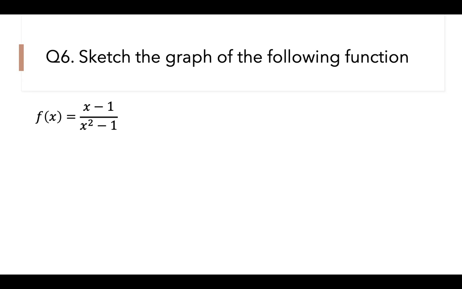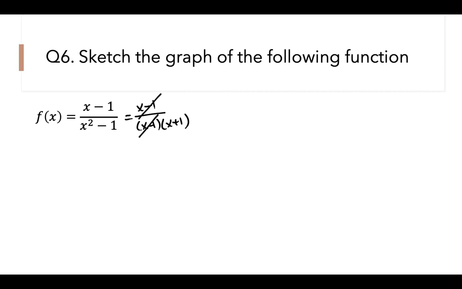Now next, sketch the graph of the following function. Okay, so we're doing everything from scratch. So first thing, factor as much as you can. X minus 1, x minus 1, x plus 1, which is a difference of squares. And you will notice that these two cancel out.